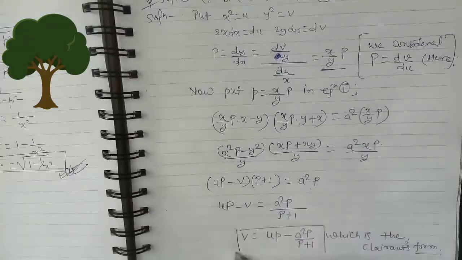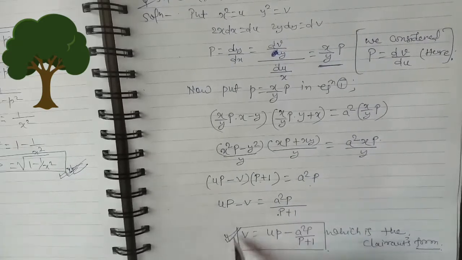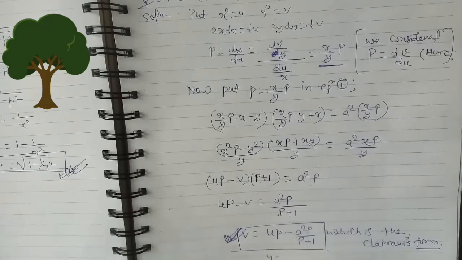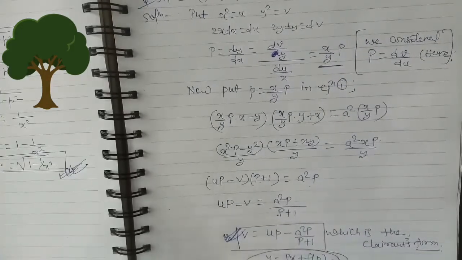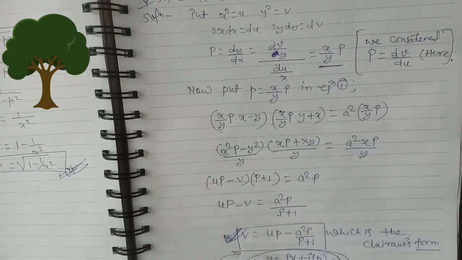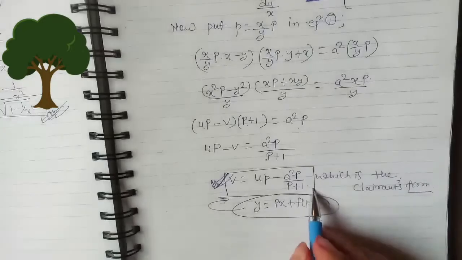As we can see that this result is similar to the Clairaut's equation, as we have read y is equal to px plus function of p. This was our Clairaut's form, and this equation which came here is similar to that. So this is the required Clairaut's form.